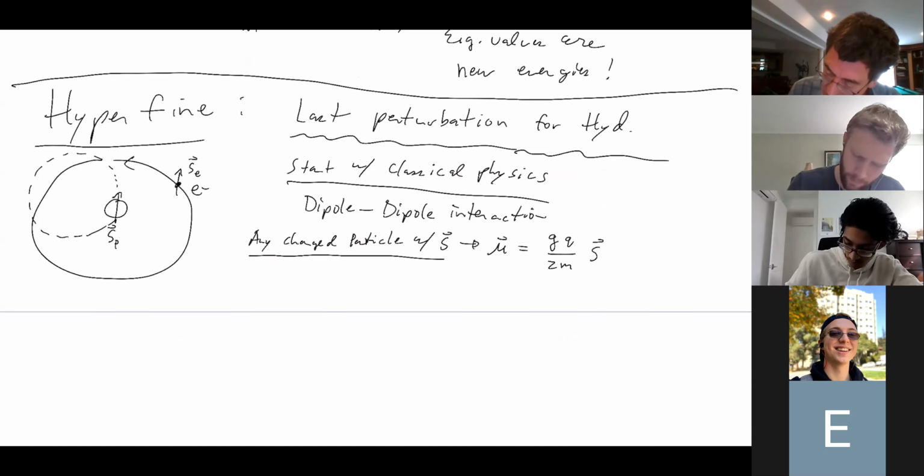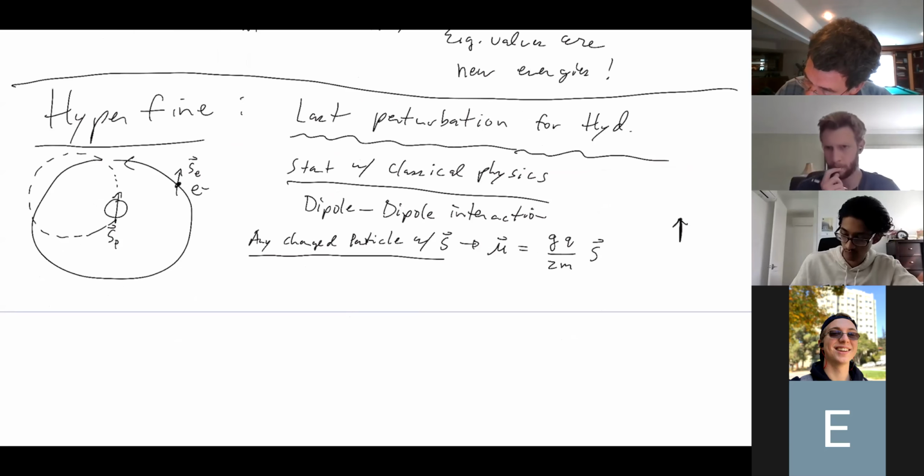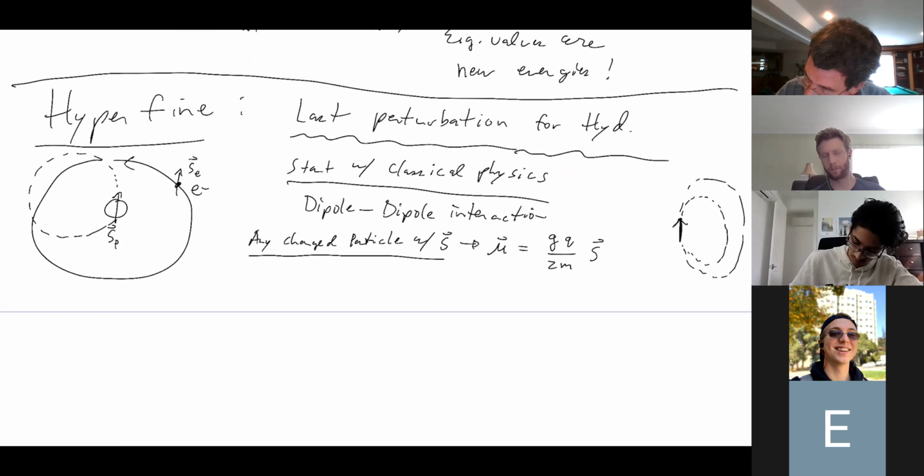And you also know from classical physics that if you have a magnetic moment, then that leads to a dipole field. Now, maybe you didn't know that, because I'm not sure when you learned this, the dipole field.